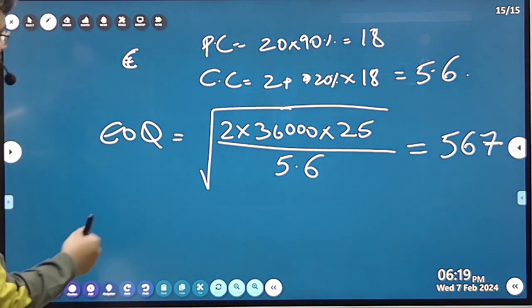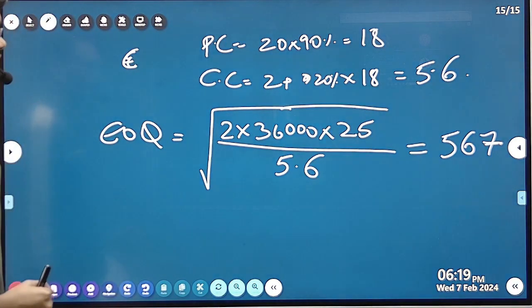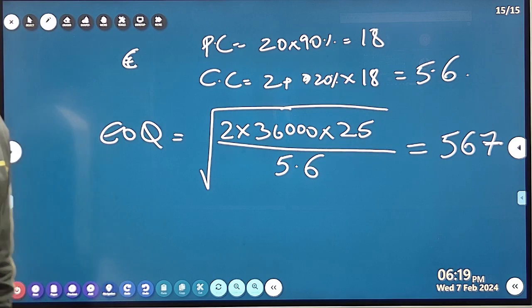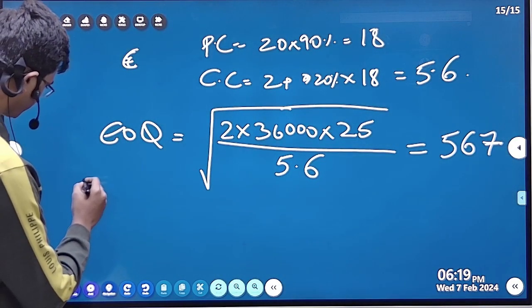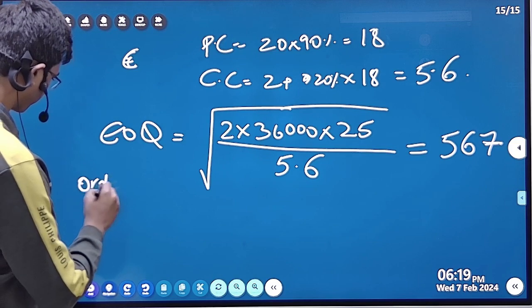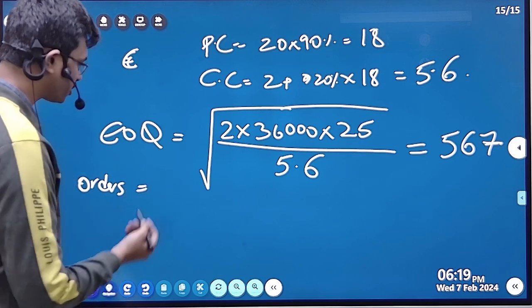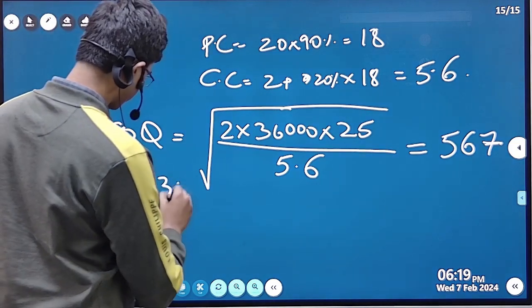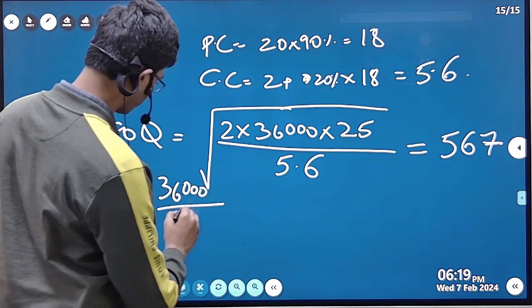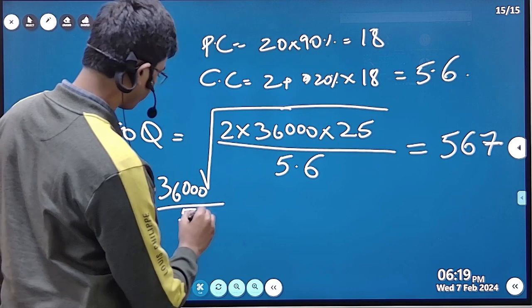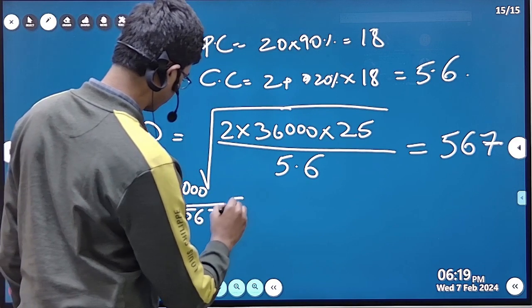Now let us see whether this will fall in the range of the 6,000 plus. So let us see how many orders per year. So number of orders is 36,000 divided by 567.